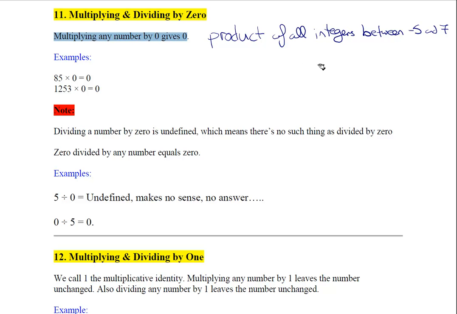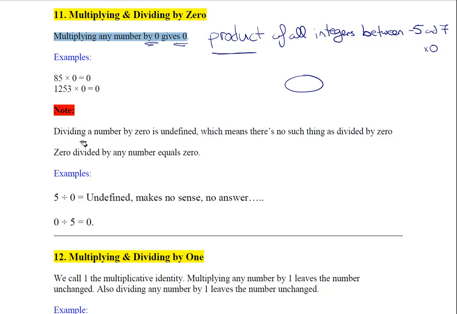Product means multiplication. You may be tempted to actually start multiplying every number, -5 times -4 times -3 times -2, again without a calculator. However, if you remember that a number multiplied by 0 equals 0, you'll find out that between -5 and 7 you have to pass by 0. And since you're multiplying by 0, the product at the end is going to be a simple 0.